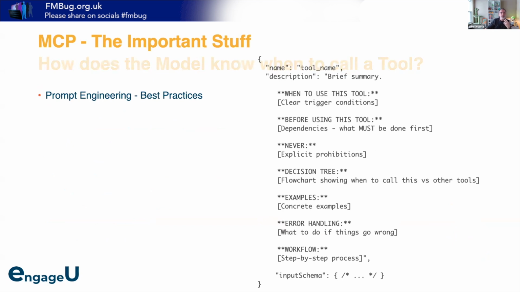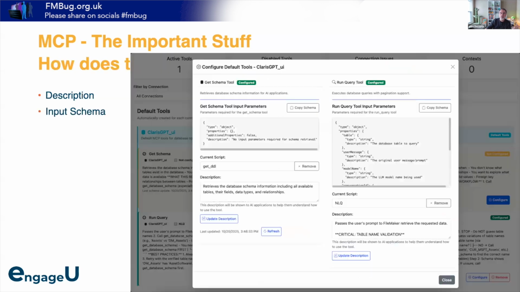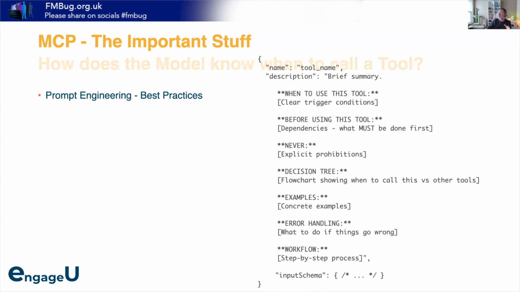So there are some best practices to putting these together. There are some things that models do well with when it comes to interpreting your instructions: numbered lists, and lots of redundancy, like repeating yourself very often. I went over that too quickly there. Let me do that again. Numbered lists and redundancy, right?